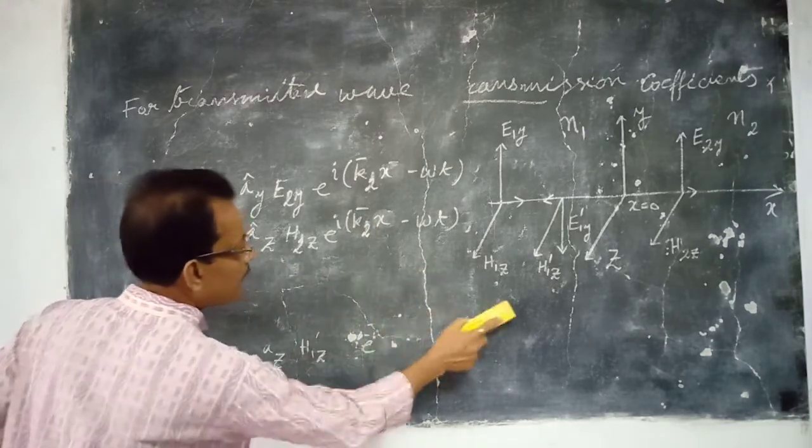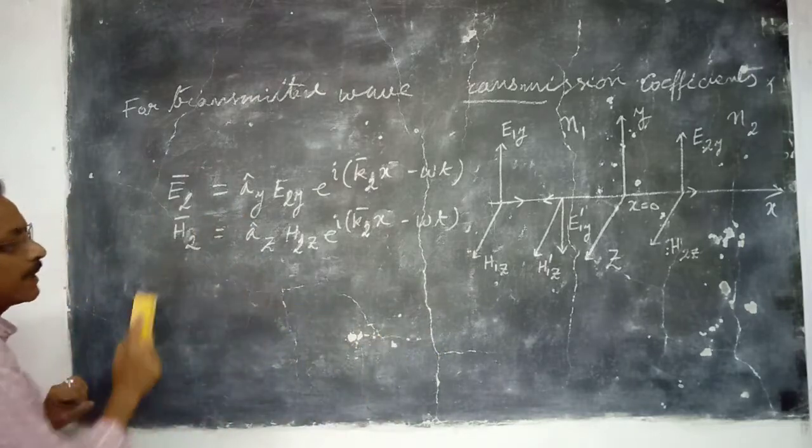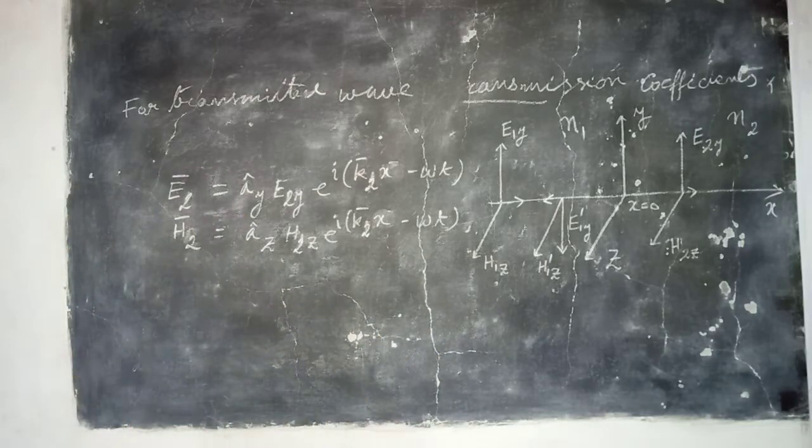So these are the representations of the electric and magnetic fields of the incident, the reflected and the transmitted waves.